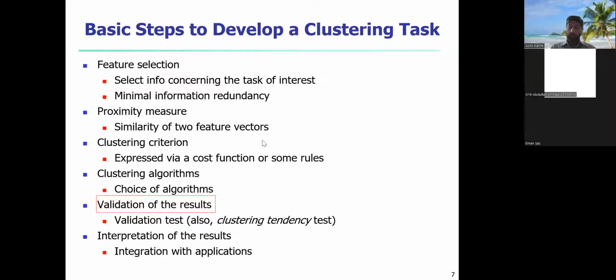And then finally, once you have a clustering, you should evaluate the quality of the clustering. And you need to validate whether the clusters that are found are really of interest or not. So this is another important step.